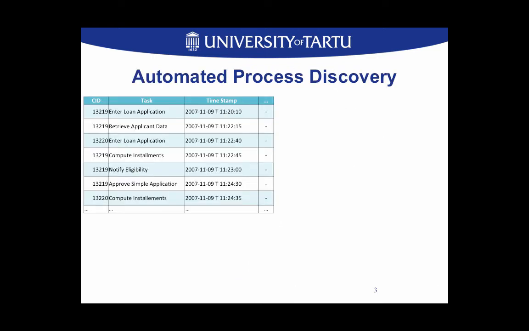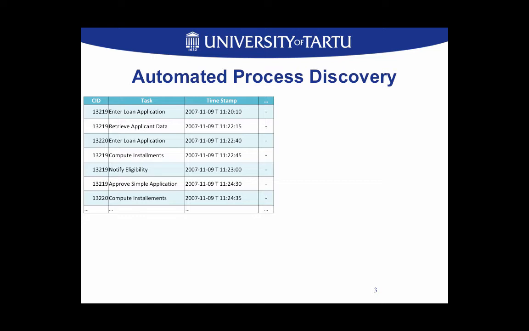So let me start with discovery. The input of automated process discovery is a log, which we can see as a big table, initially not in first normal form, just like a huge table, where every row is a record, and importantly, there is a designated column that tells you what is the case identifier.